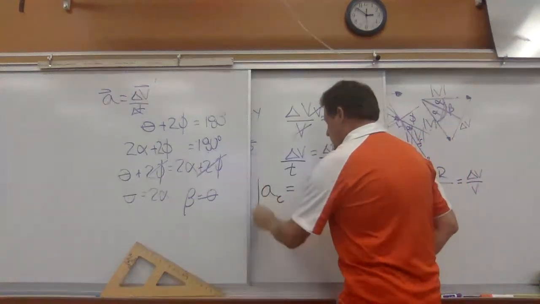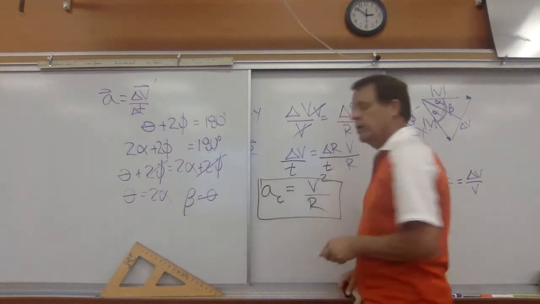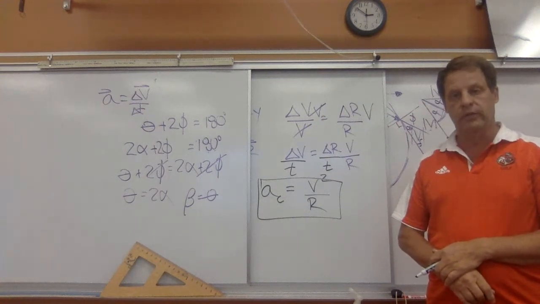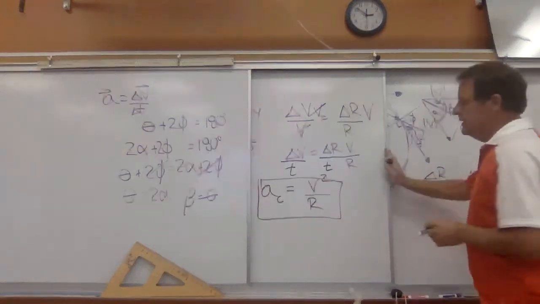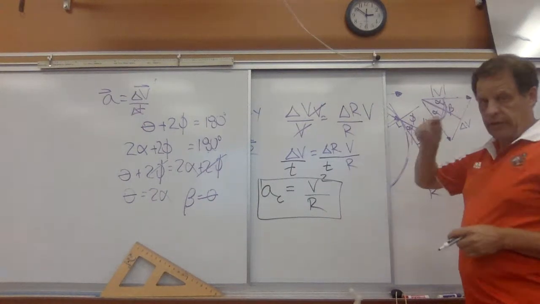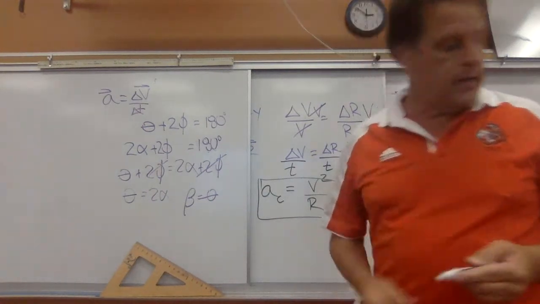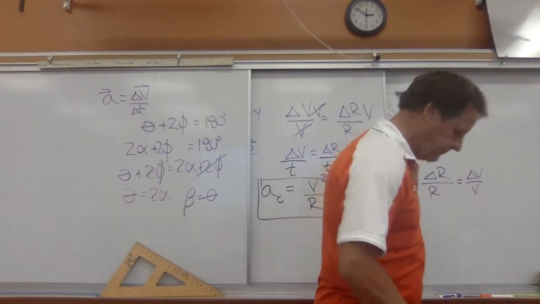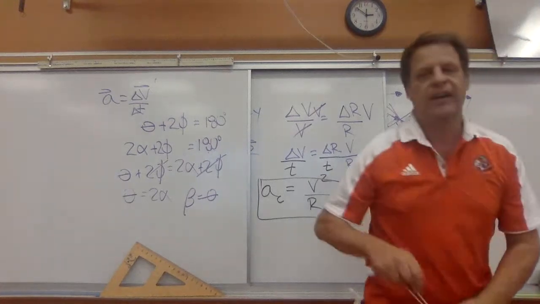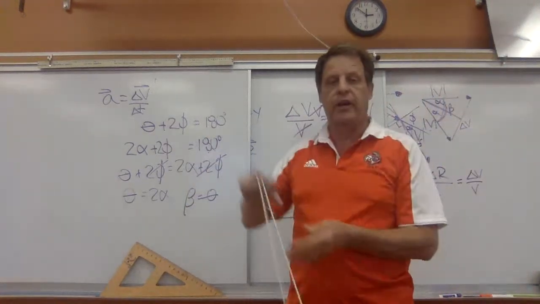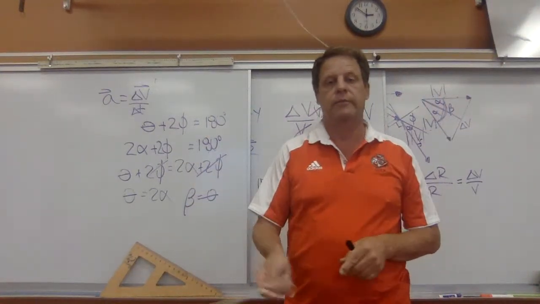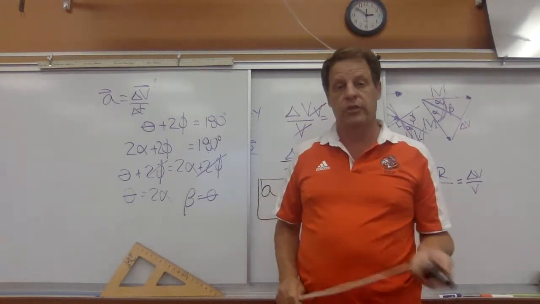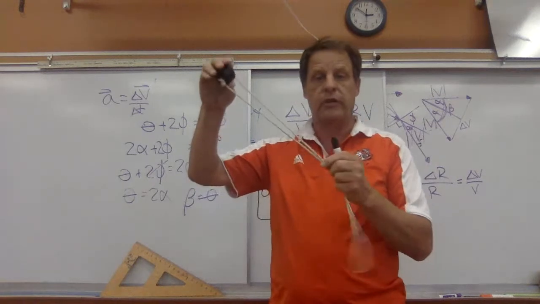Now that acceleration is what we call centripetal acceleration. In order for a particle like this rubber stopper on the end of the string to go around, there's got to be some sort of acceleration that's pulling it towards the center.